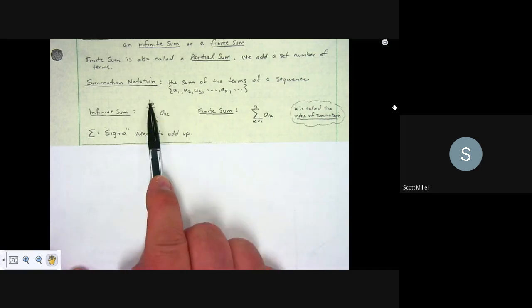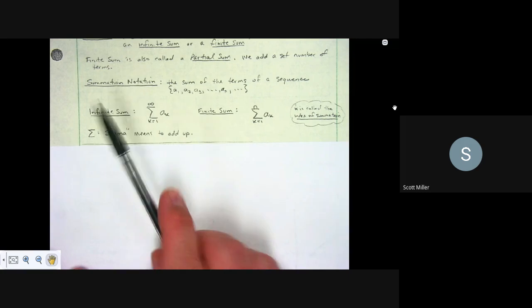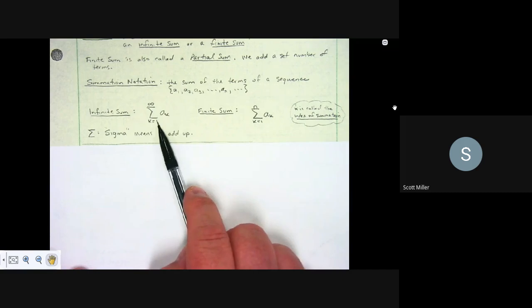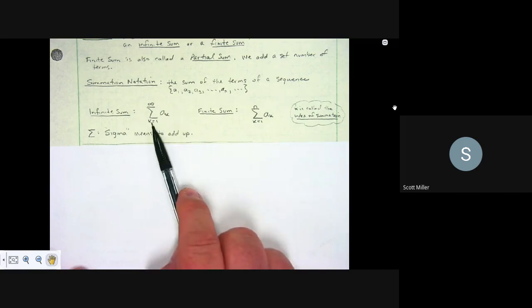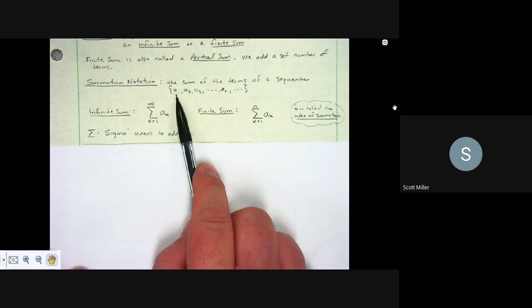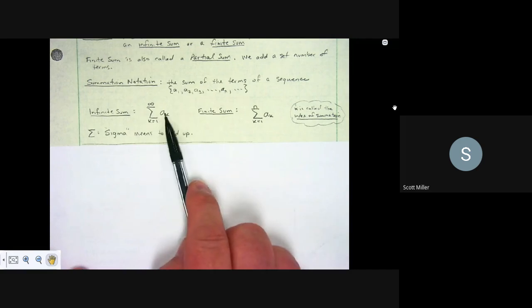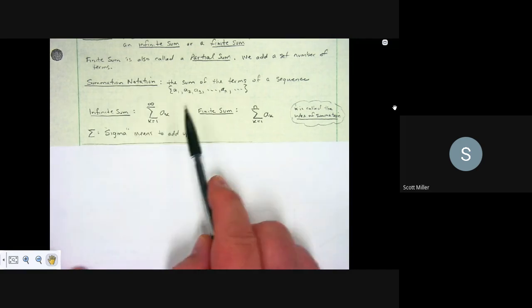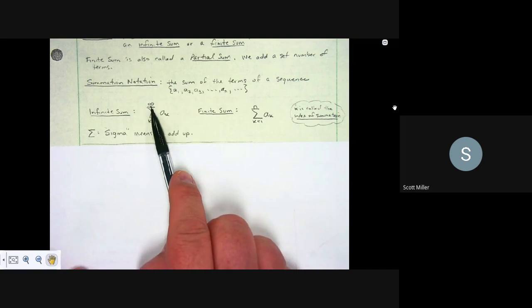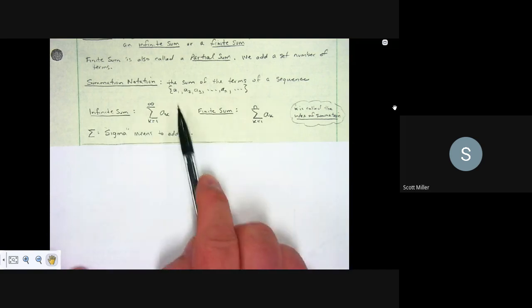And this is a counter, or the index of summation, basically. And that means that k is going to go from 1 to infinity. So if I plug in 1, I'll get a sub 1. Then I plug in 2, then 3, then 4, then 5, and keep going all the way up to infinity. And that's what that means.